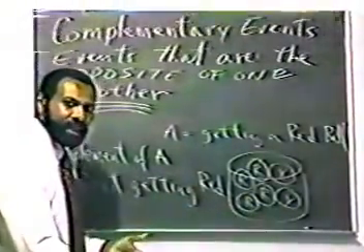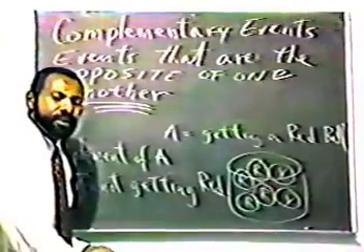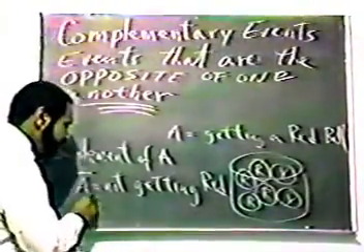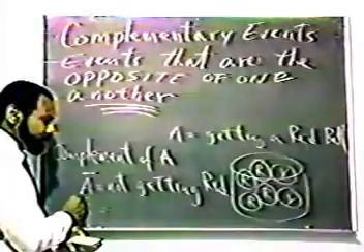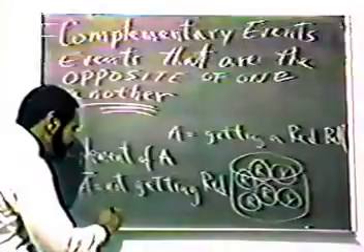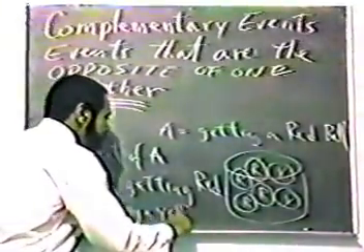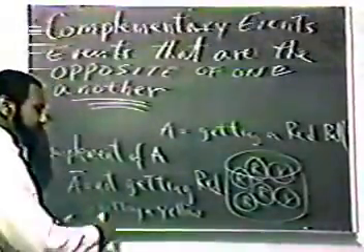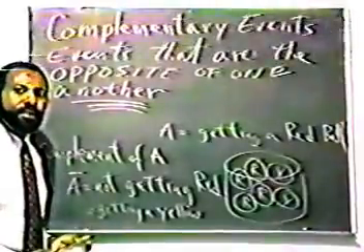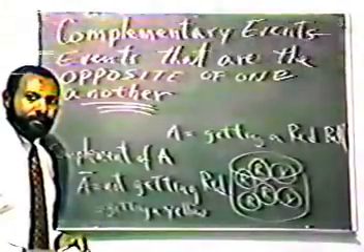So sometimes you can take a complementary event and express it in terms of some other event, so that we can express the complement of A not only as not getting a red ball, but also as getting a yellow ball. Getting a yellow ball is the same thing as the complement of A, which is not getting a red ball, since A is getting a red ball.